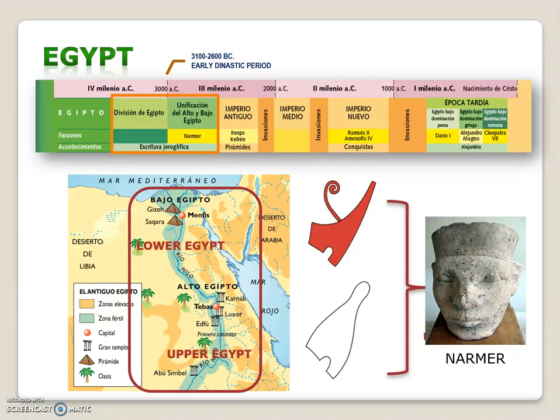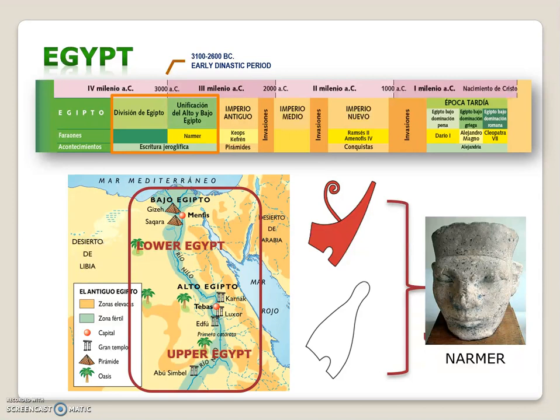During all this period, Egypt was ruled by pharaohs like Narmer. These pharaohs were very important people, considered divine and touched by the gods, that ruled in dynasties.